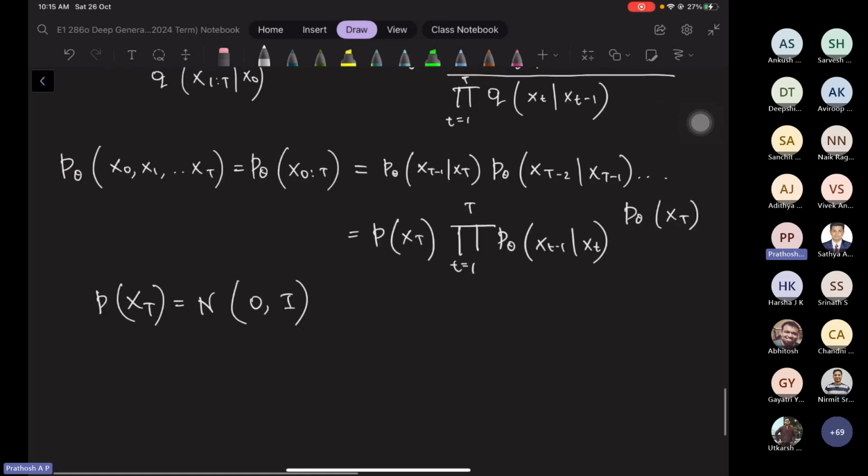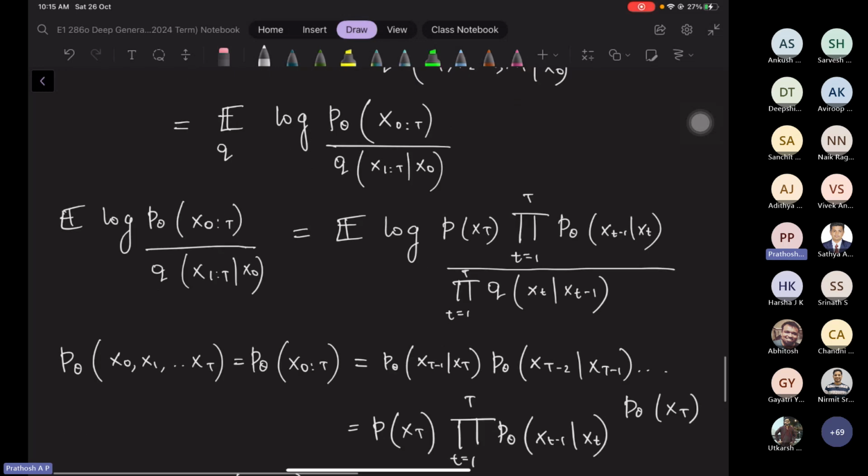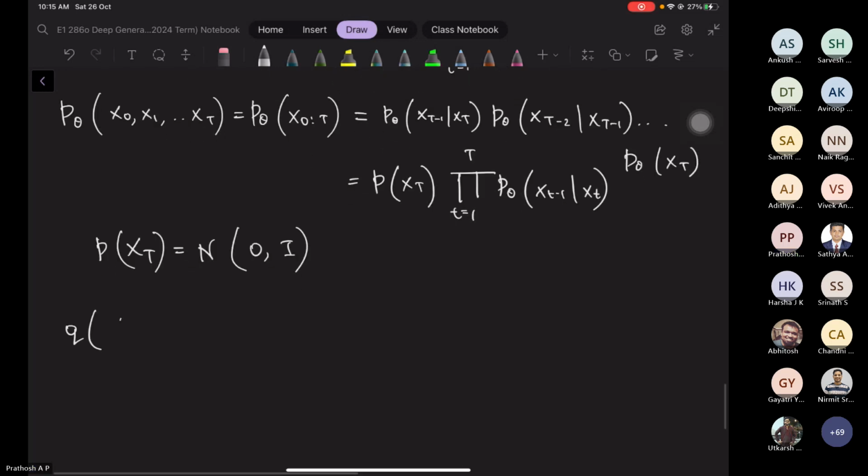So let us write down the denominator. What do we have in the denominator? We have q of x1 to t given x naught. What is this equal to?